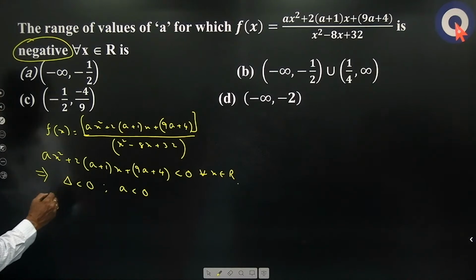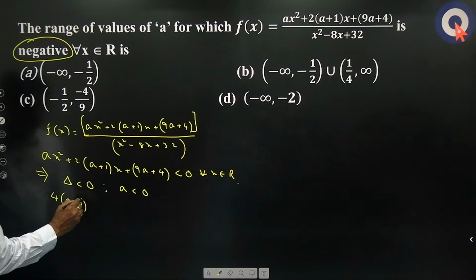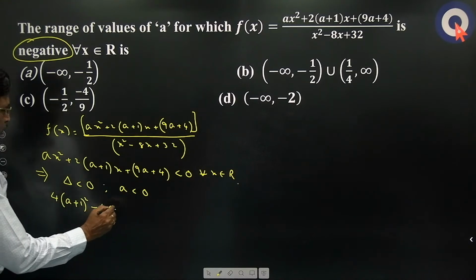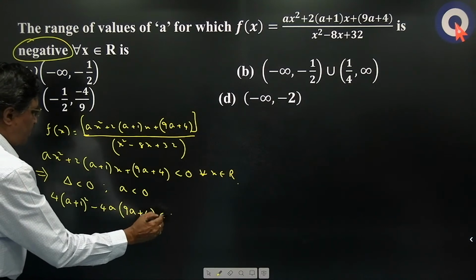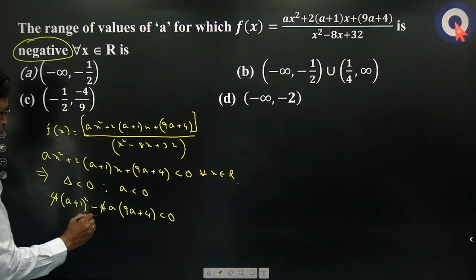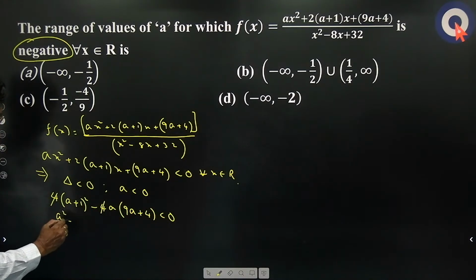So, delta less than 0, if you see, b square minus 4ac has to be less than 0. So, let us do a little simplification here.